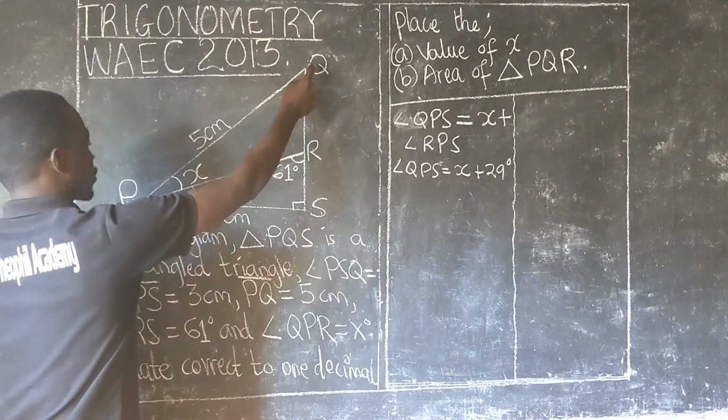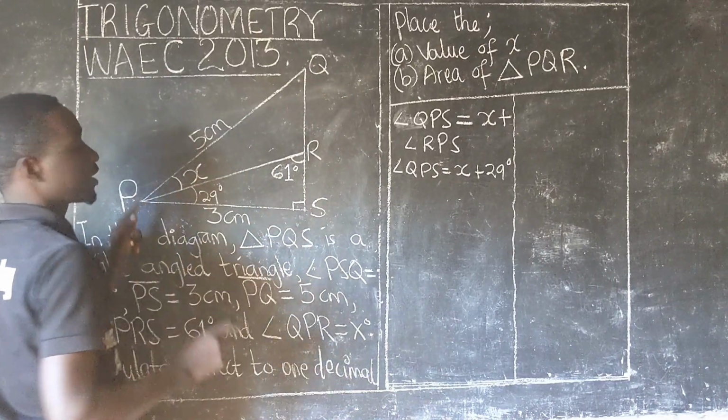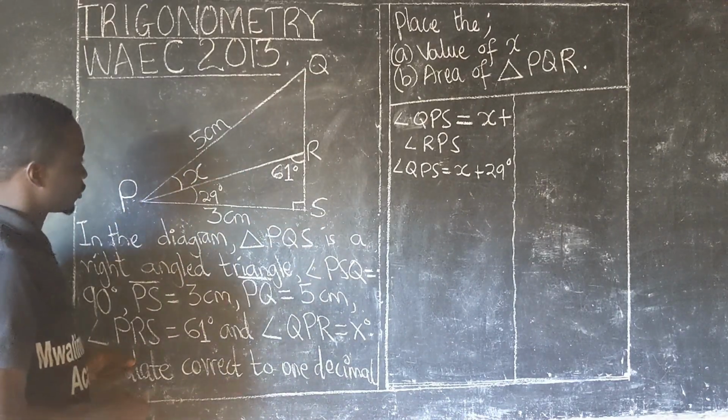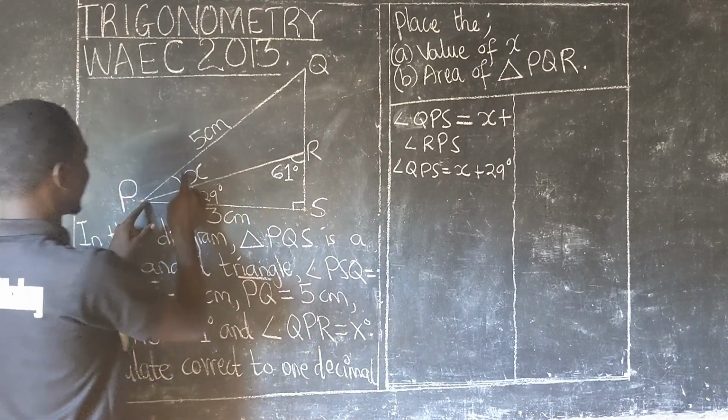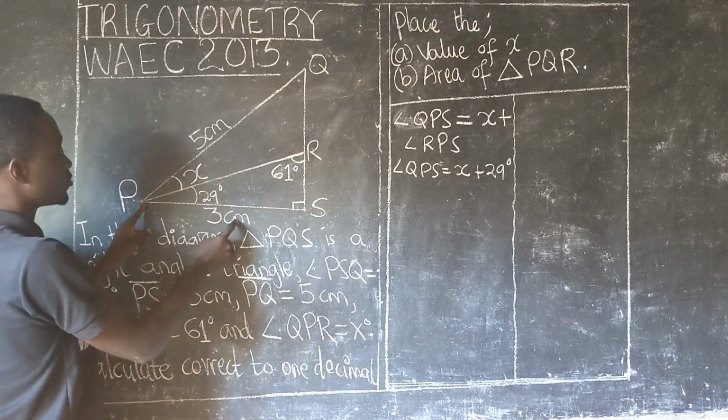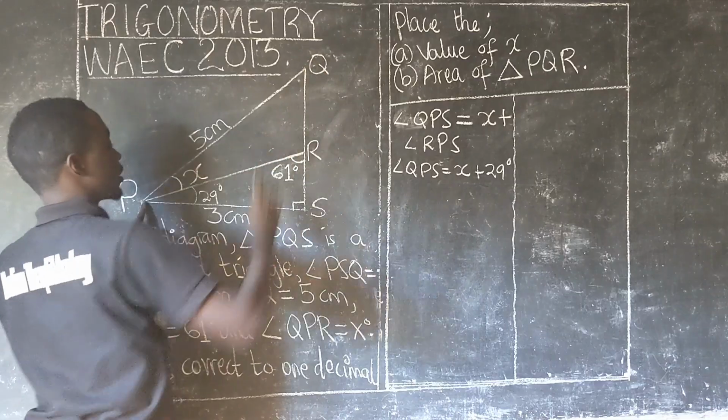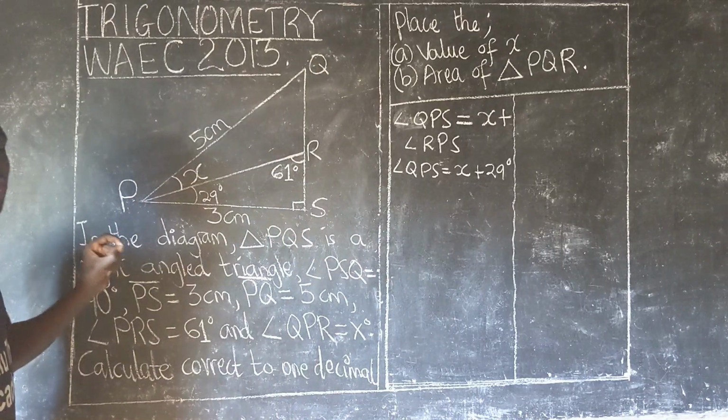Also, the whole angle QPS can be found by using trigonometric ratios. In this triangle, we have 3 centimeters adjacent to this angle, and the hypotenuse, so we may use cosine.